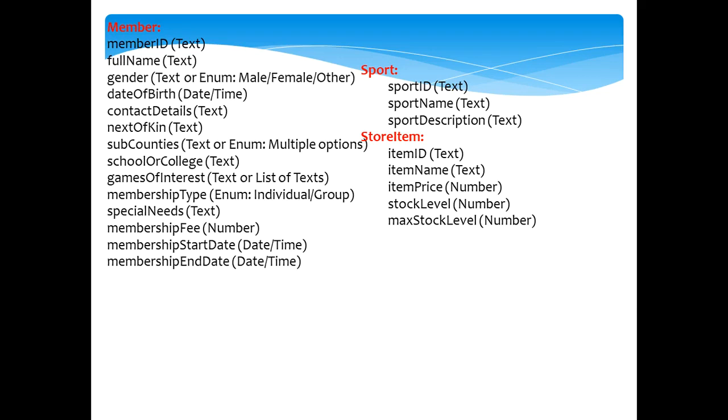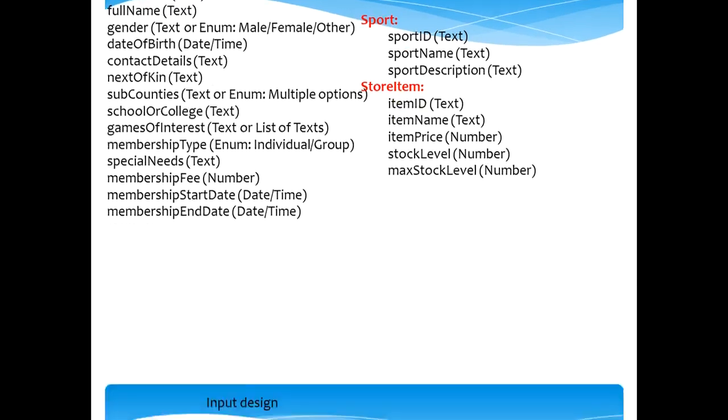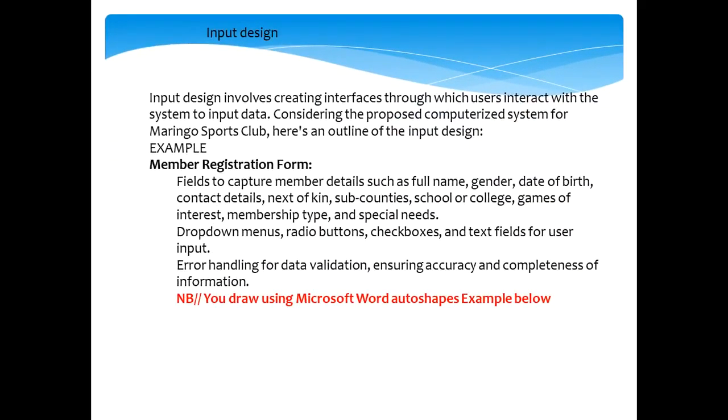When you talk about the store, we have the store item, so we have the item ID, item name, item price, stock level, and maximum level. When we are talking about grouping of variables, you just take a certain item or a certain table, then you describe its field names.